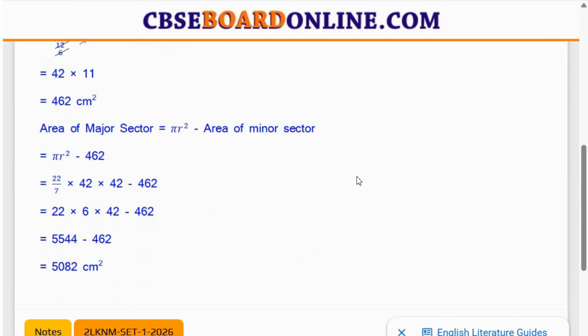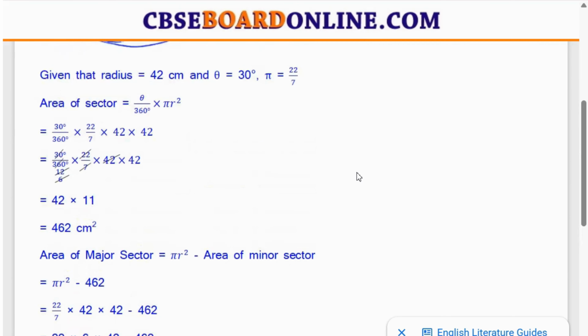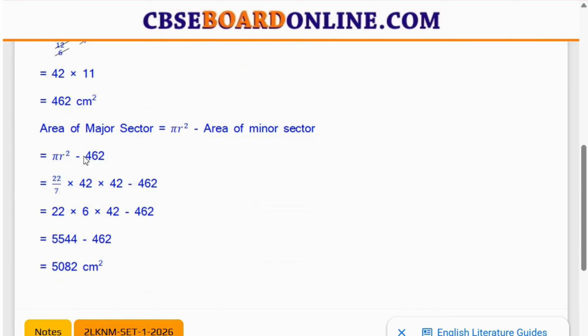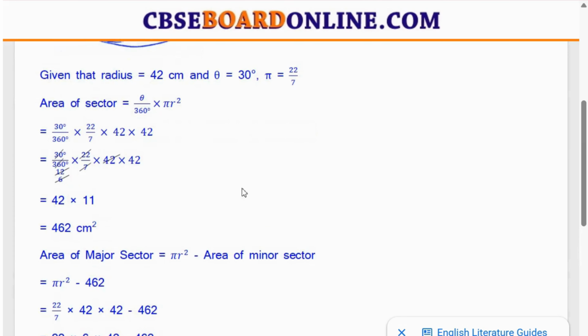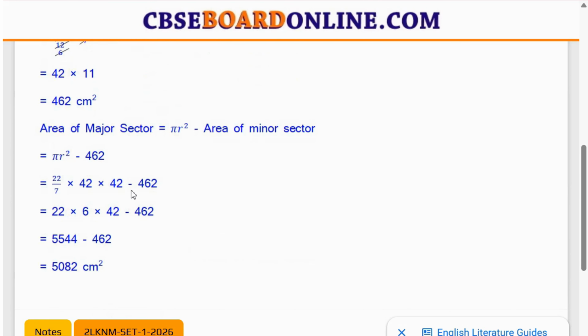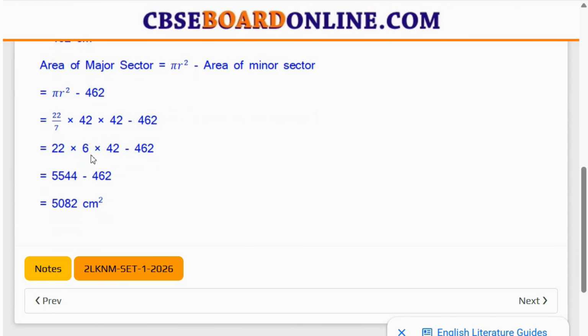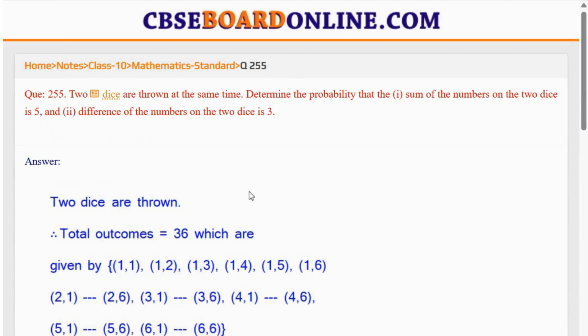Now in order to find the area of the major sector, we took the area of the entire circle subtracted by the area of the sector. Now if you find it, automatically you would get the area of the major sector. It is 5082 square centimeters. Got it? Now moving forward to the other question.